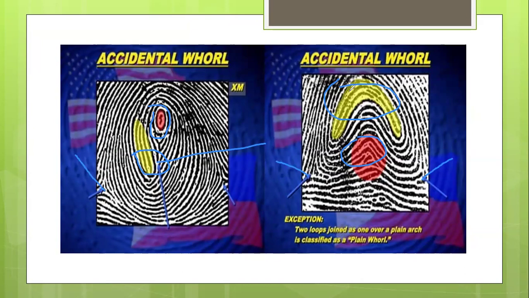This is still a whorl pattern. Circuiting ridge. A circle. This, a circuiting ridge, is not a double loop, because it is not two separate distinct loops, but a circle. That is an accidental whorl.